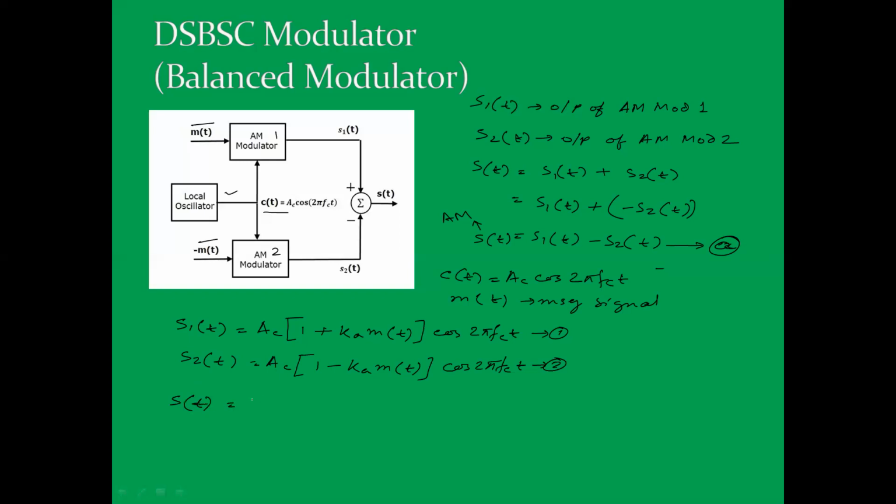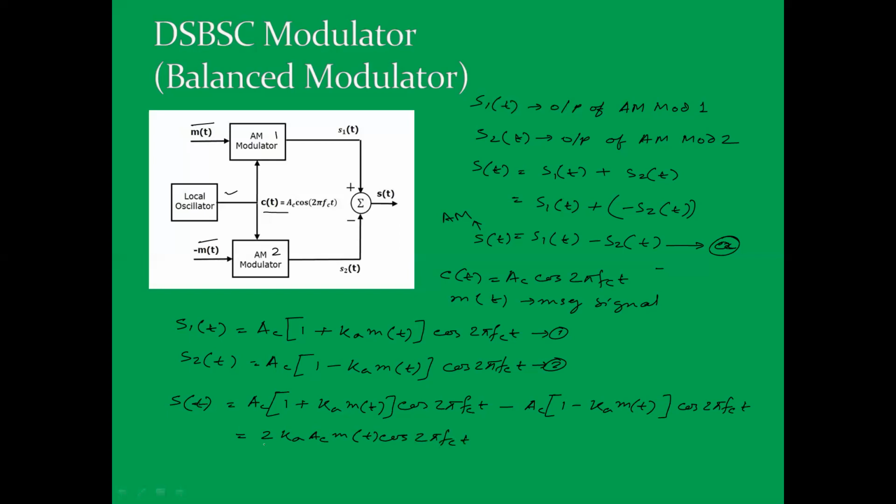That is S1T, that is AC (1 plus KA M of T) cos 2 pi FCT minus AC (1 minus KA M of T) cos 2 pi FCT. After the calculation, I will get 2 KA AC M of T cos 2 pi FCT.